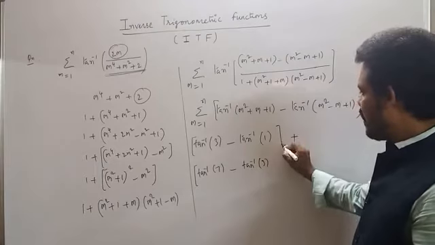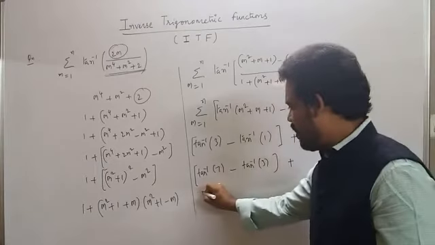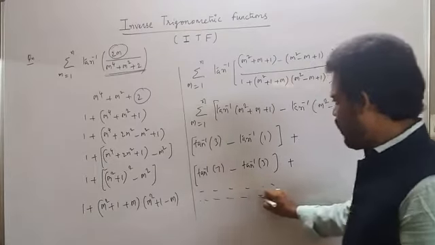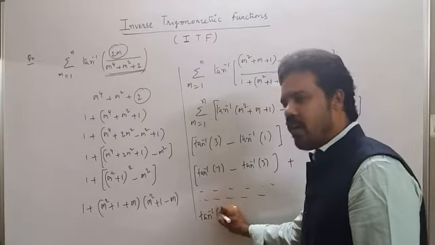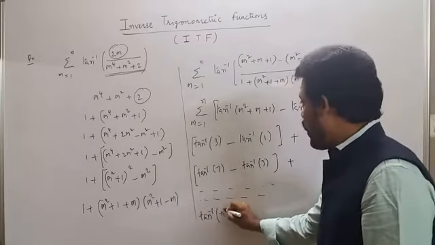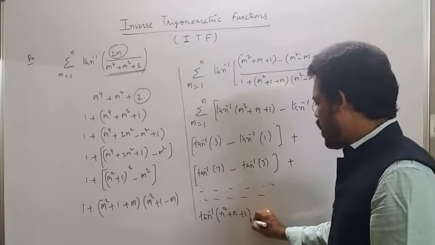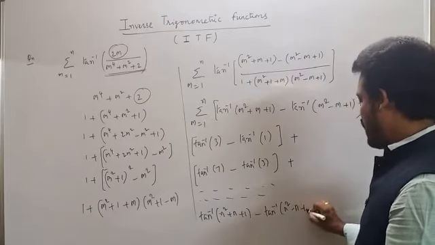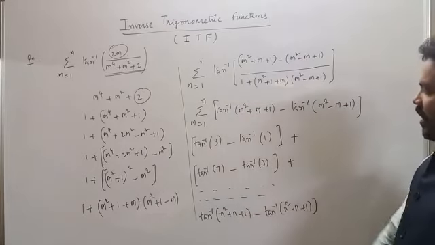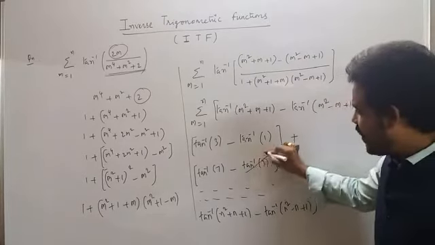Okay, enough. Now giving the last value n, tan inverse of n square plus n plus 1 minus tan inverse of n square minus n plus 1. Now again, you see here, these two get cancelled.